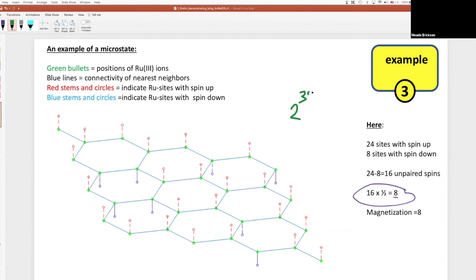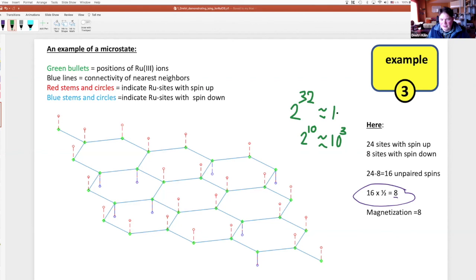I think it is too much. 2 to the power 10 is about 10 to the power 3, right? 1,000. So this will be about 4 times 10 to the 9.